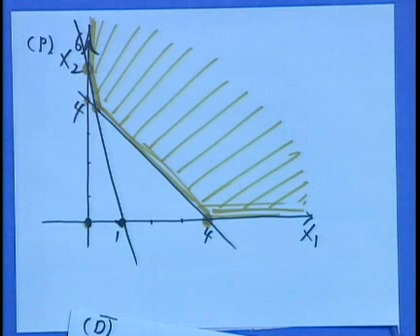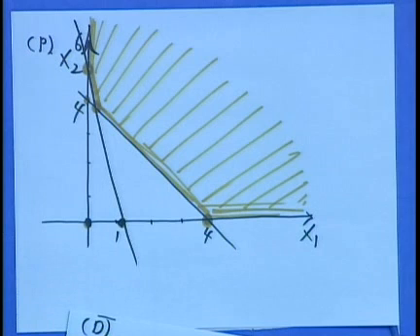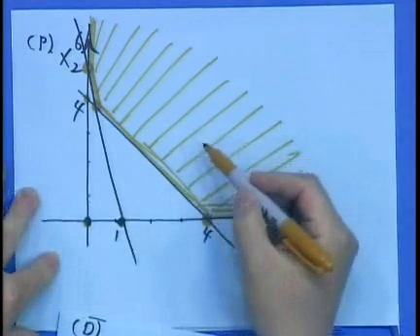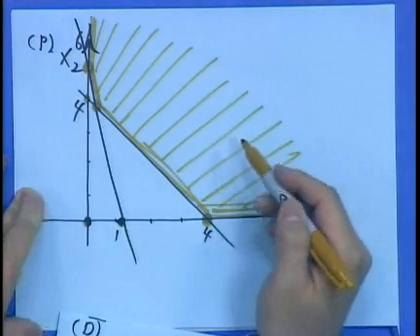And to find the optimal solution, we need to graph a line on which all the points have the same z-value, right? The line is called the isovalue line, right? And to draw an isovalue line, we need to choose any point in the feasible region, okay? And calculate its z-value.